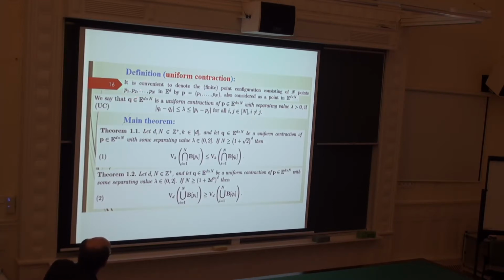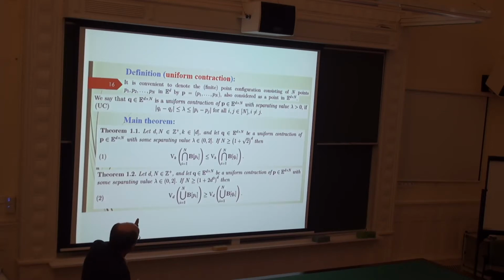We take Q as a contraction of P, but we assume that there is a separating value lambda in the middle that separates the pairwise distances of the point configuration Q from the pairwise distances of the point configuration P. In other words, the diameter of the point configuration Q is upper bounded by lambda, and the smallest non-zero distance in the point configuration P is lower bounded by lambda.